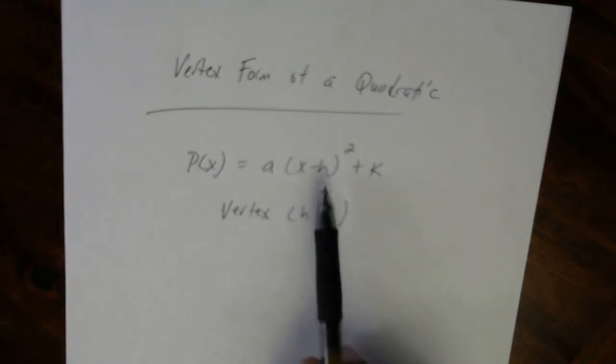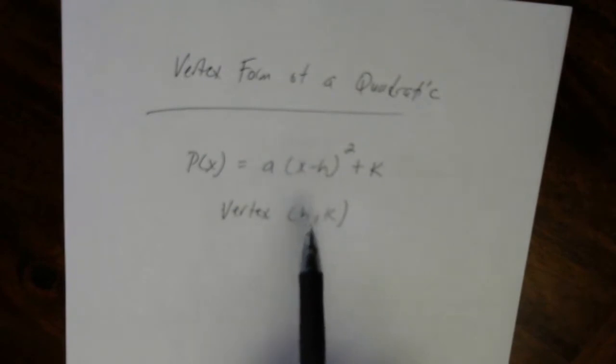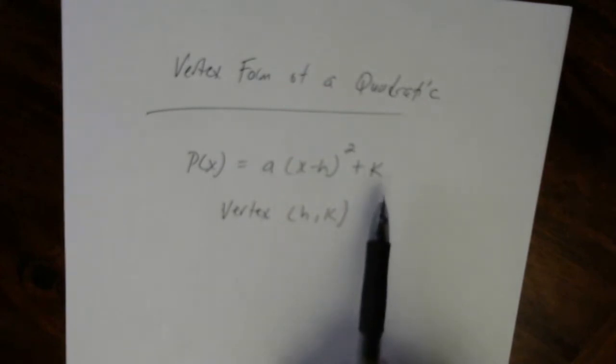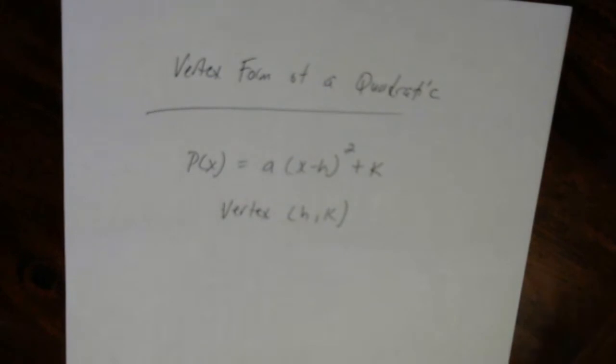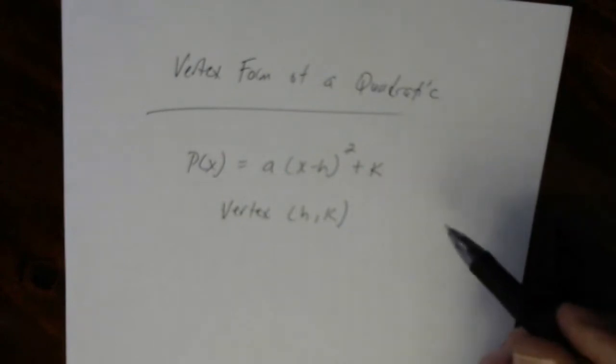One thing about h, though, is you will have to change the sign when you take your number out of your vertex form and actually write it out as an ordered pair coordinate. And you would take the constant on the end as k, and that would be your vertex.